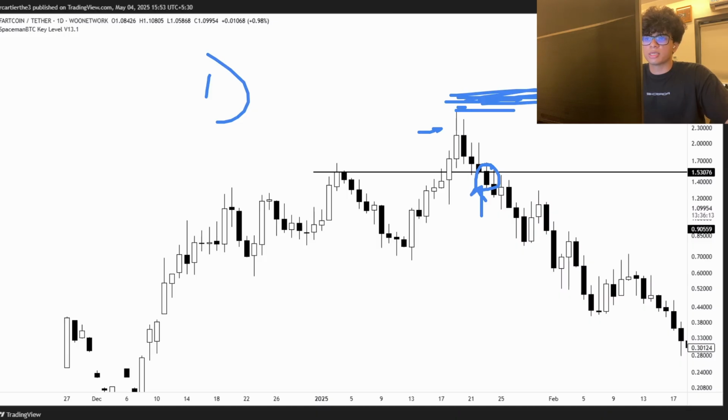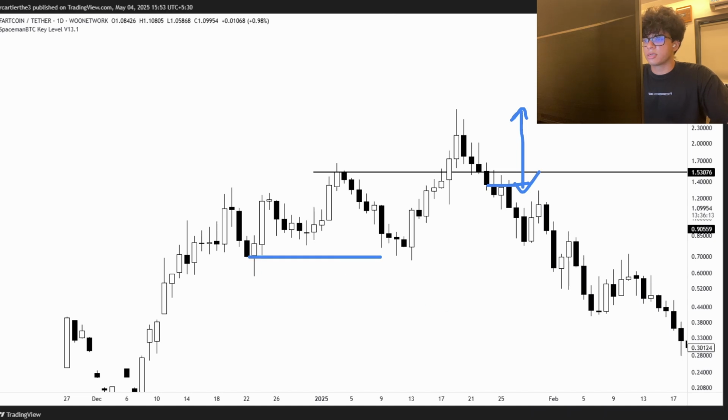You don't want it to be exactly here, you want it a little above it. This is a more conservative approach because the difference between your entry and the stop is a lot. And for example, if you enter here, you'll be targeting, let's say, these lows. That gives you a good RR.